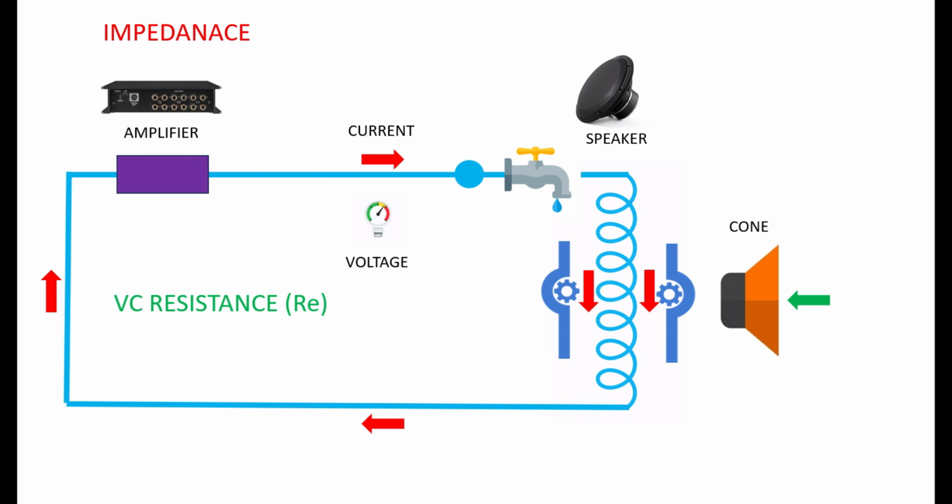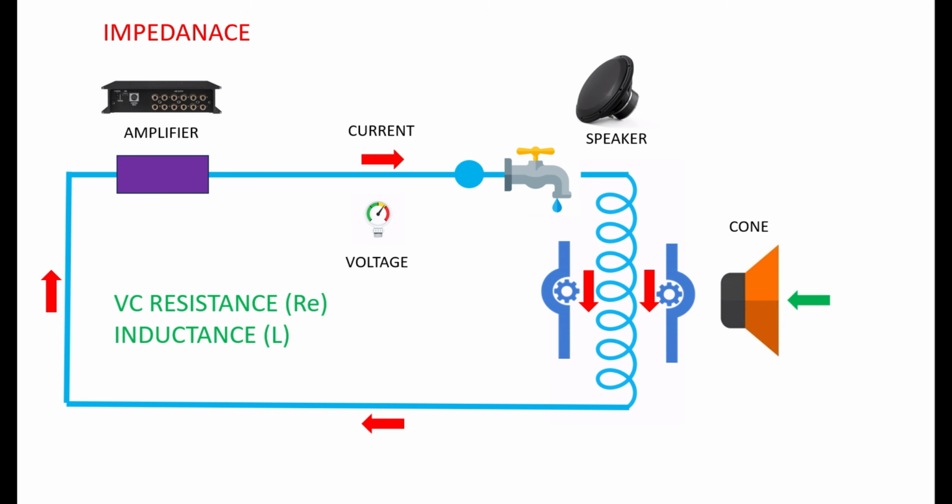What we mean by that is the voice coil is a certain thickness and a certain length, and the more wire you've got, the harder it is for electricity to be pushed through it. So that doesn't change. The voice coil resistance is fixed. That's one part that makes up the impedance. Inductance is the second part that makes up impedance. We just talked about what that was.